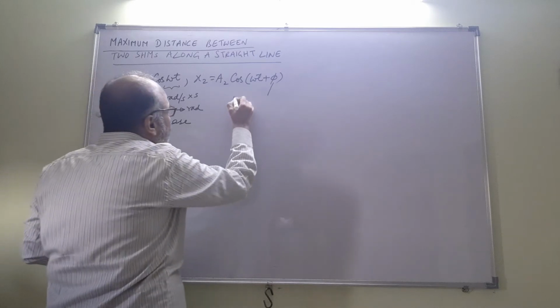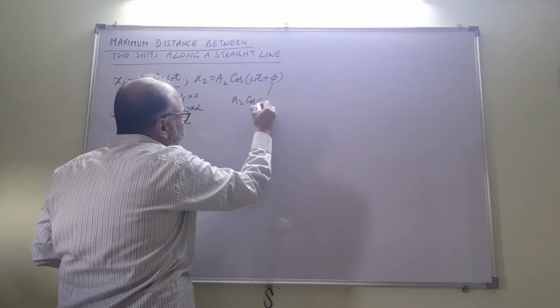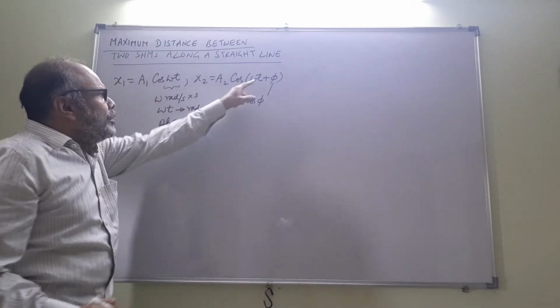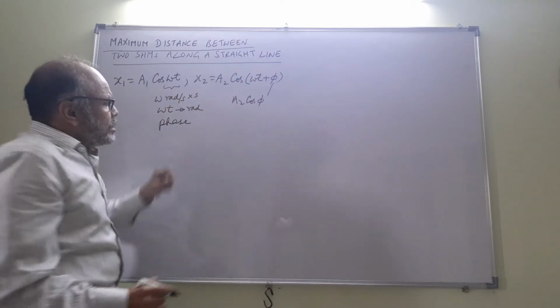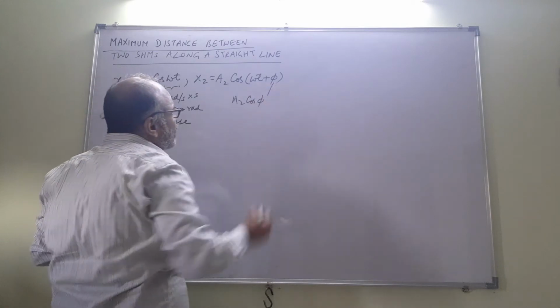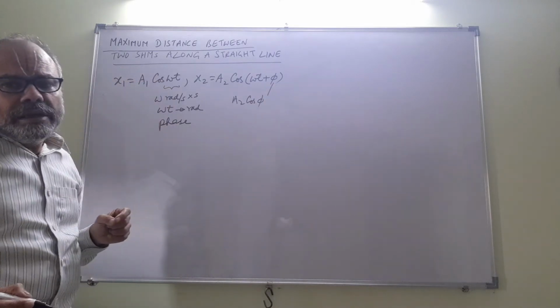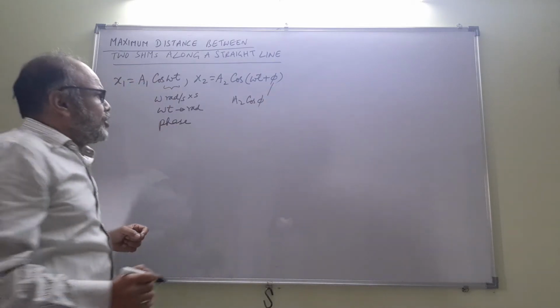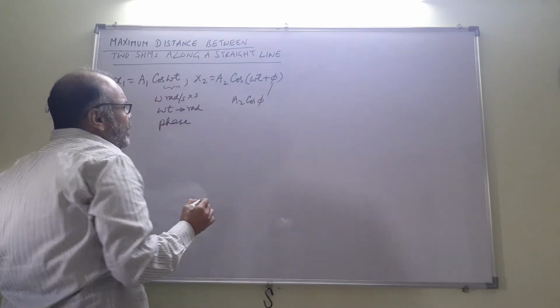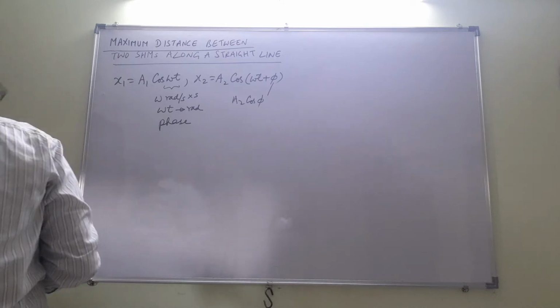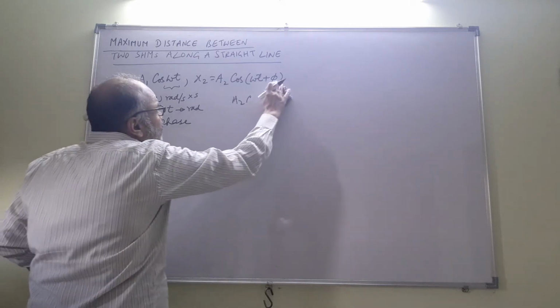It would be at a2 cos phi. So this phi determines the initial position of the SHM and it is called the initial phase. So phi is the initial phase.